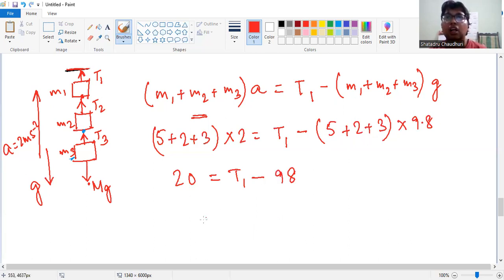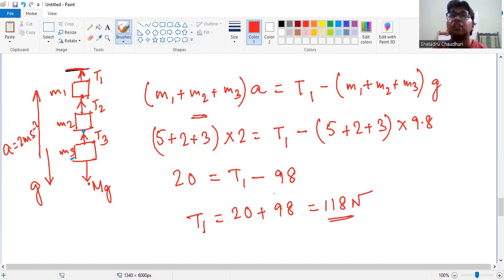So T1 will be 20 plus 98, that is 118 Newton. So in this case, the tension force T1 will be 118 Newton.